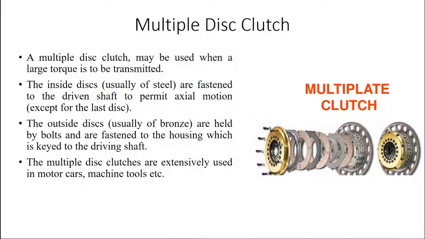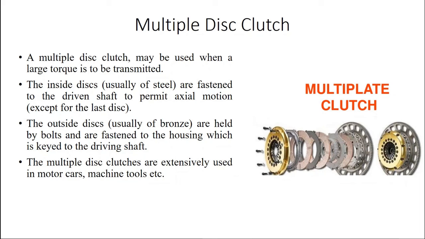Again, the multiple disc clutch also works on the same principle. The only thing is the number of clutch plates is more. When we are required to transmit more torque, we need more friction surface. In order to increase the friction surface, we need a large area, but sometimes a large area is not available within the engine compartment or within the vehicle. We cannot increase the diameter of the friction surface, because to increase the area we need to increase the diameter.